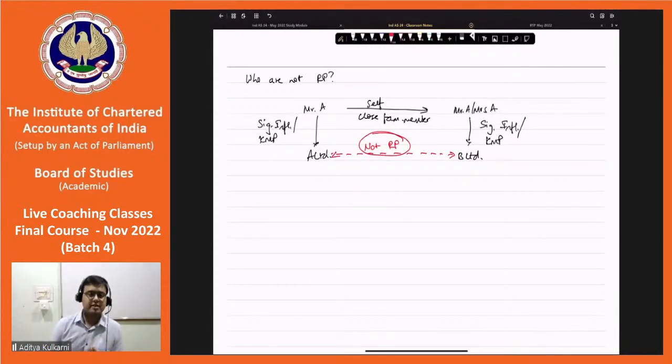Okay. So Mr. A has significant influence or is a KMP of A Limited. At the same time, Mr. A or a close family member has significant influence or KMP services are being provided by that close family member to B Limited, then at that point of time, you cannot say that A and B are related to each other.